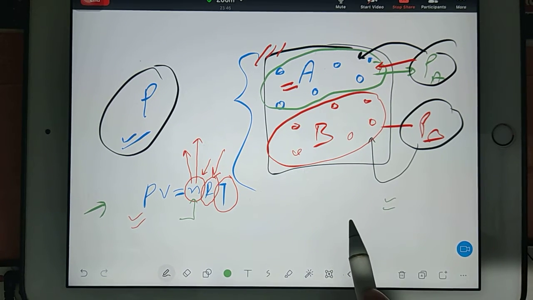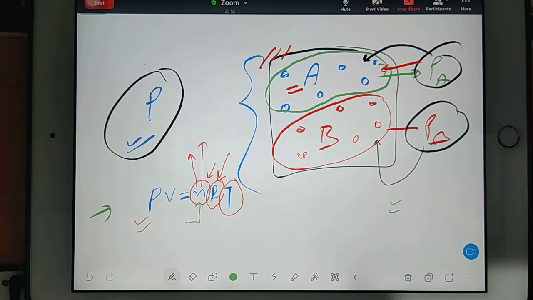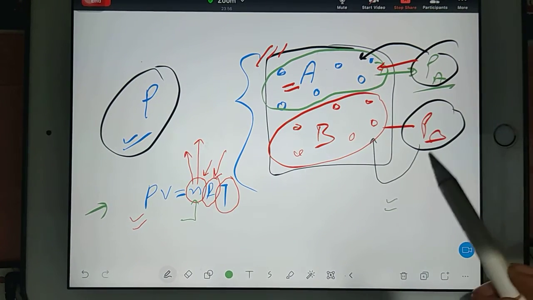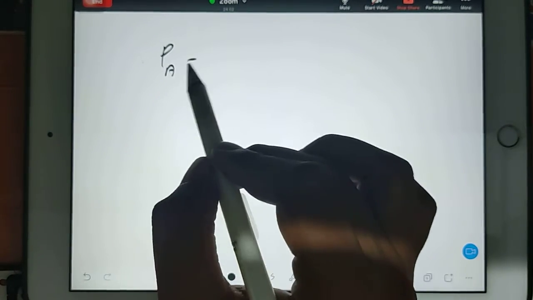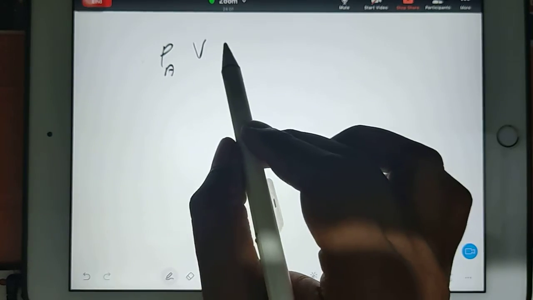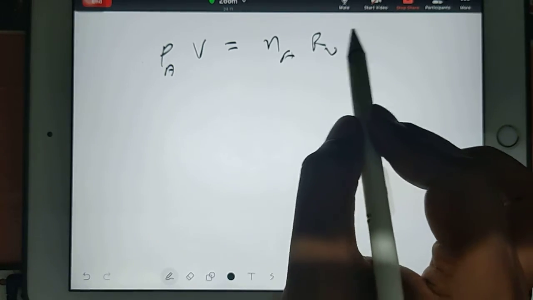Now the question is, when you want to find the total pressure, which concept are you going to apply? Very simple, add both the pressures. So I'll change the page. How did you find PA? You applied PV is equal to nRT, so nA, R universal and temperature.